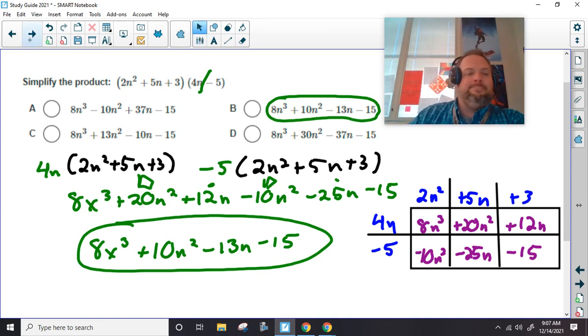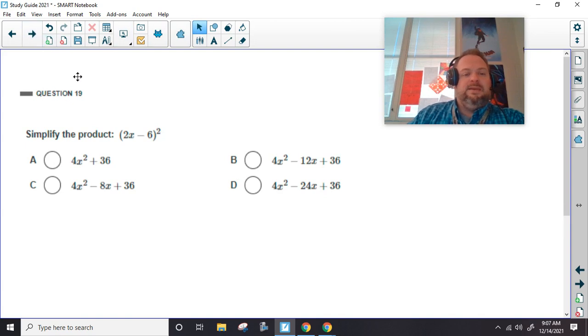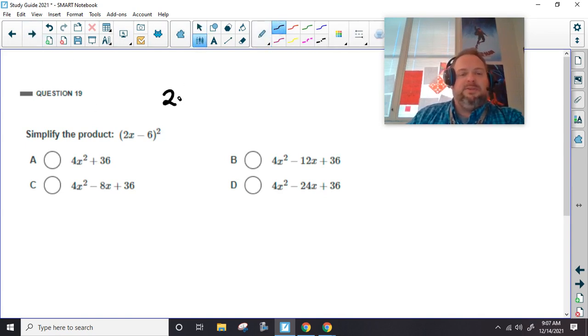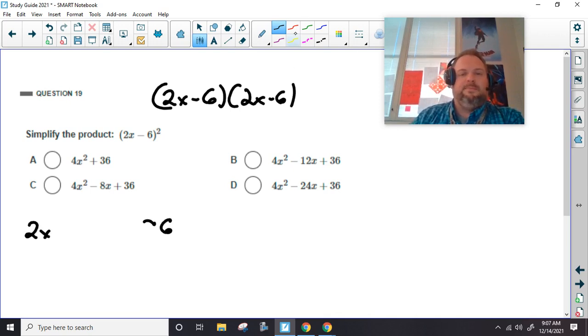All right. So this is simplifying the product. Remember, anything times itself looks like this. So double distributive looks like this.